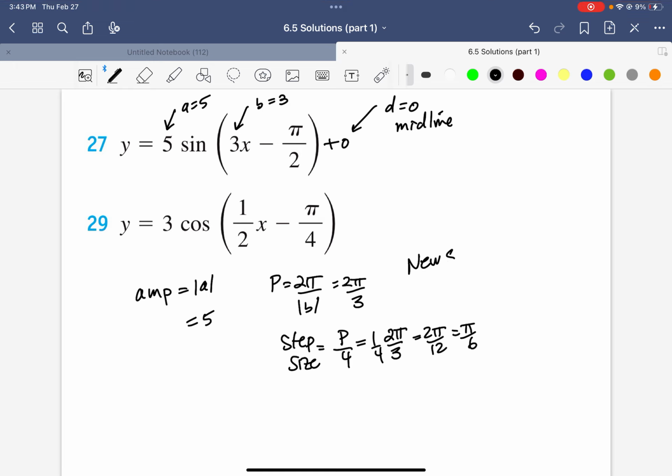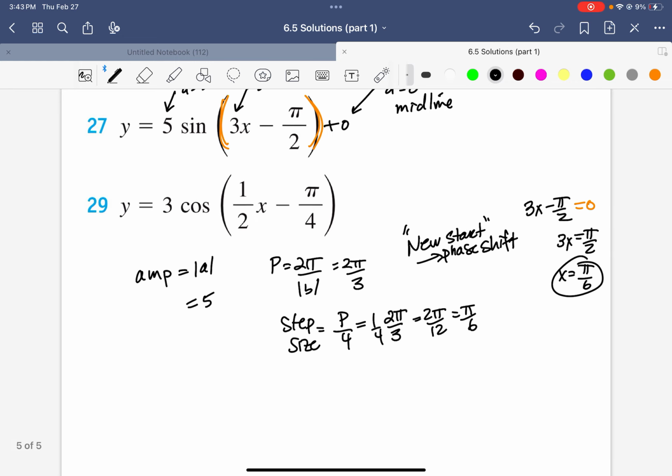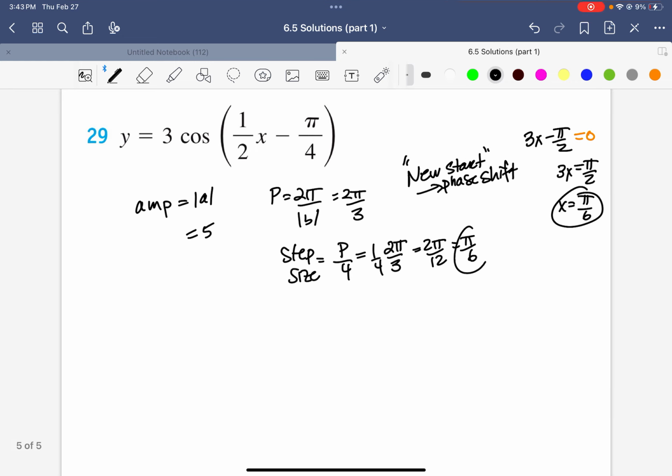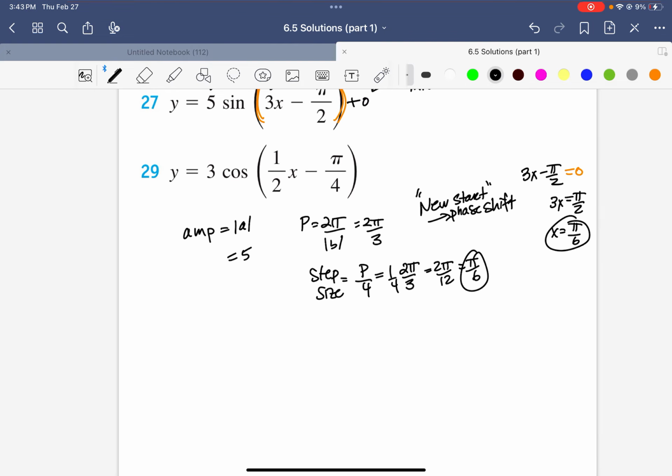So then my new starting value, in other words, my phase shift, is just going to be when my inputs into sine equal 0, because that's when my sine function thinks that it will start the process. So I end up getting pi over 6 as my new starting value. Hey, that's nice because my step size is also pi over 6.